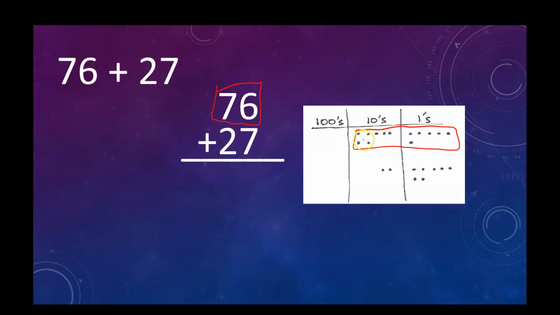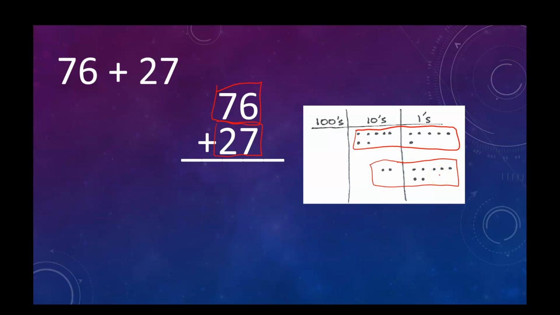They did 7 dots for 7 tens there. And they wrote 6 dots in the ones place for 6 ones. Then they represented the 27 down here. And they wrote the 2 tens, 2 dots for the 2 tens, and then they wrote the 7 ones in there.